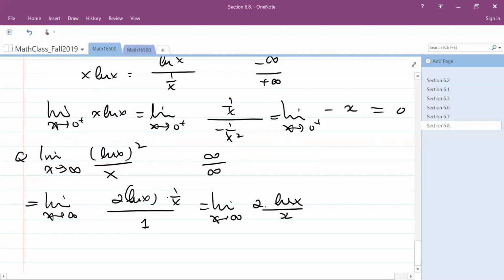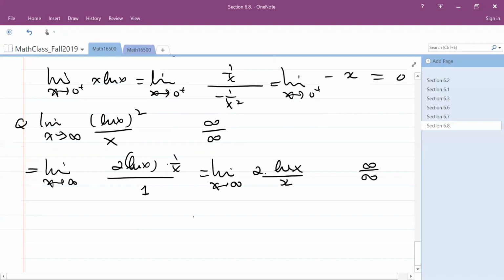I'm pretty sure this is going to be 0. Why? Because natural log of x grows much slower than any polynomial. But if you don't see the result, you can continue. It's also an infinity type, therefore you can continue to differentiate numerator and denominator. Natural log of x approaches infinity as x approaches infinity.